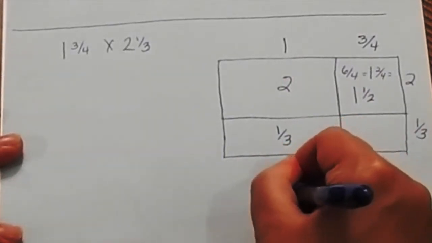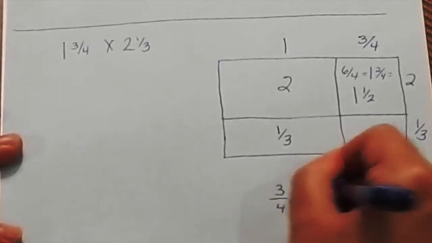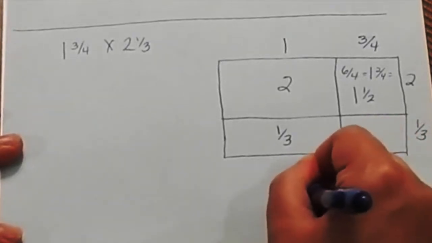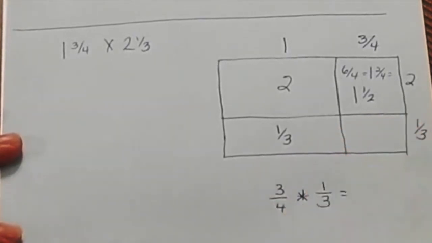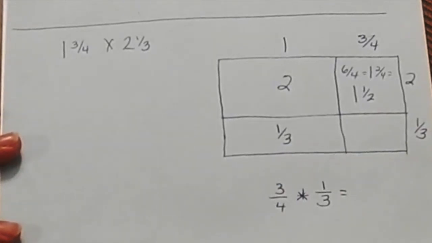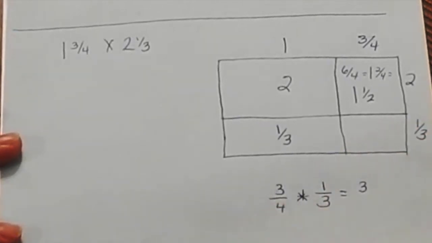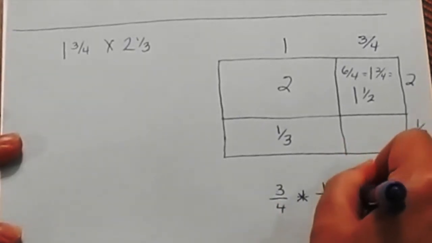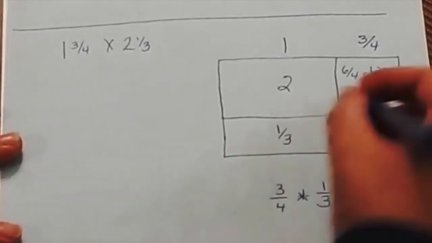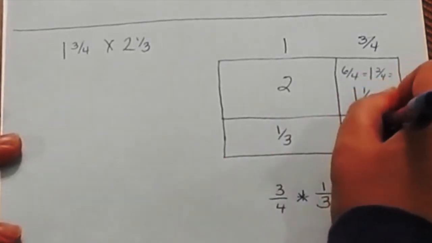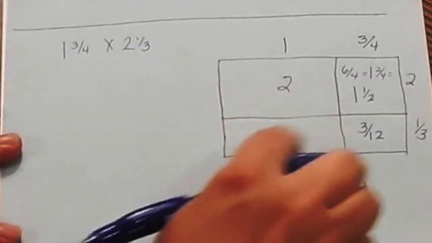I could do that inside the box to show you, but I think it might be easier if you see it bigger. So 3/4 times 1/3. Those are easy because we did multiplying fractions a couple units ago. You just multiply across the top: 3 times 1 is 3, and 4 times 3 is 12. 3 twelfths. So that one is 3 twelfths. So now I figured out all the parts.